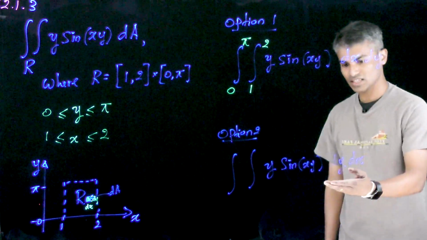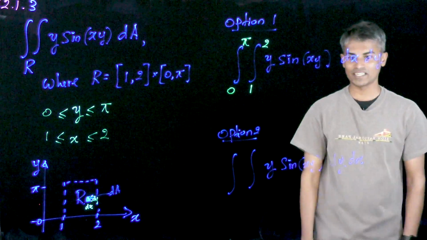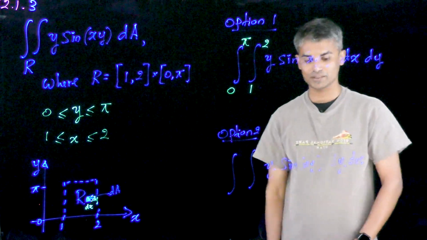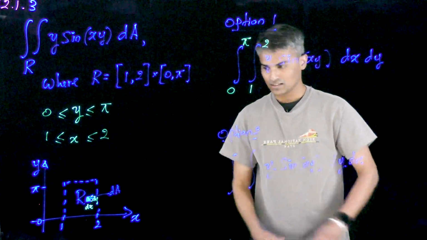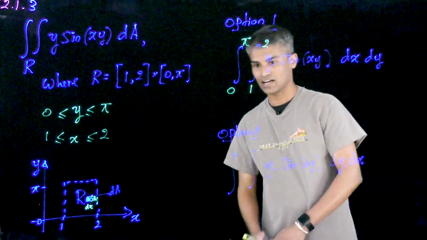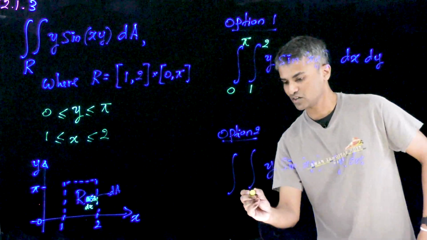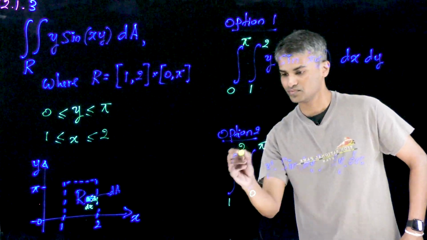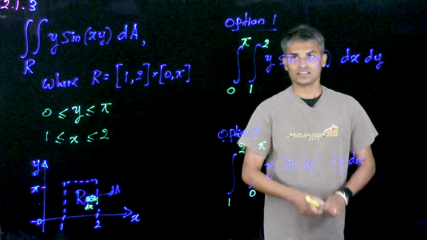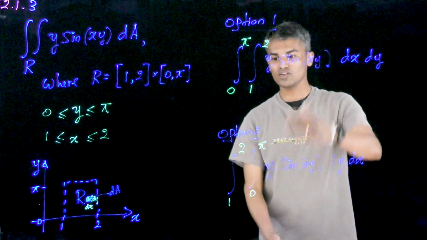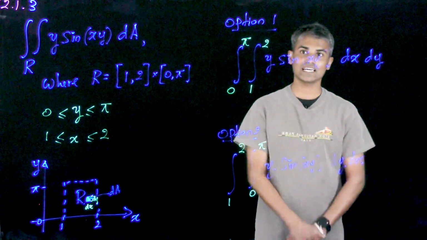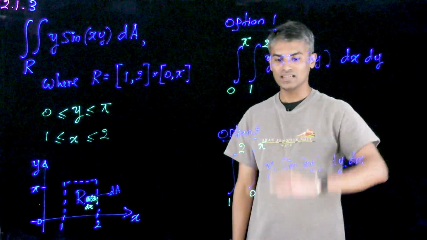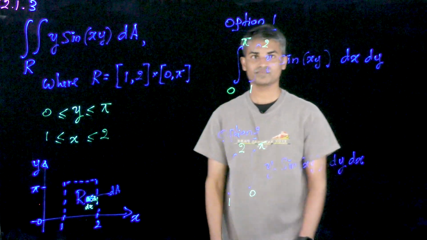But if you consider this order of integration, first we integrate with respect to y and then with respect to the x variable. Now our limits are y goes from 0 to pi, x goes from 1 to 2. You can use either option 1 or option 2, both methods are correct, but in this example I am going to choose option 1, and you can try option 2.